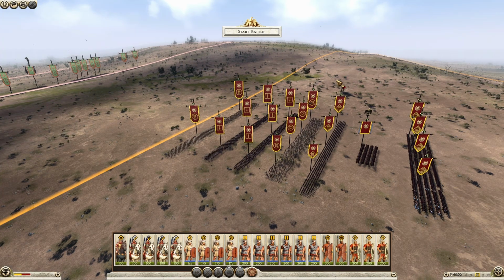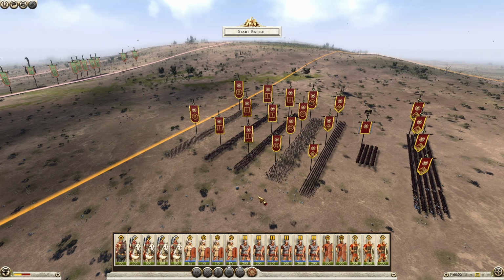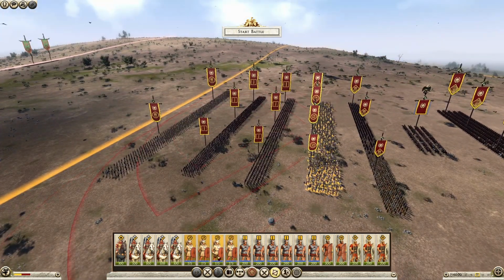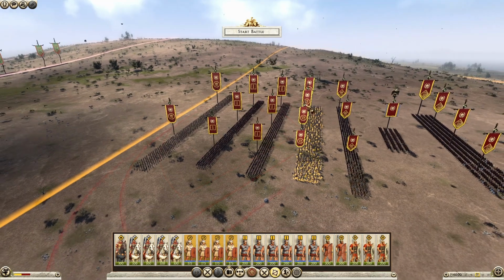You can replace the Velite with those units, with the crossbowman, with the Cretan archers. They will perform better. But for a base Roman army, I will use the Velite.